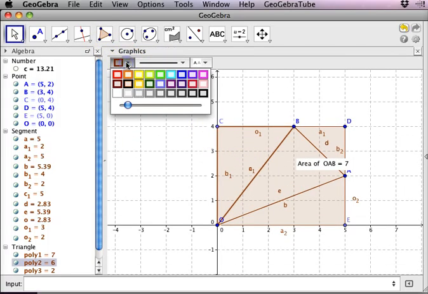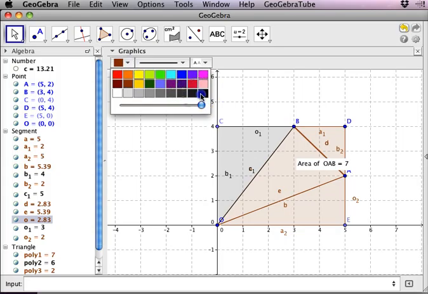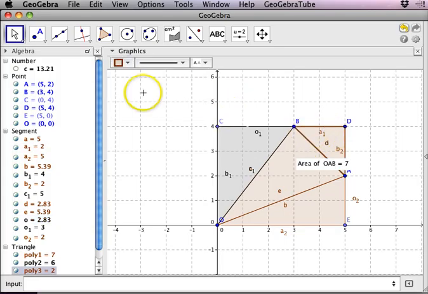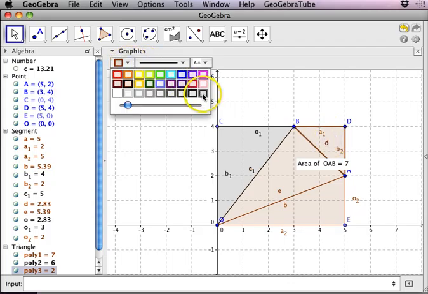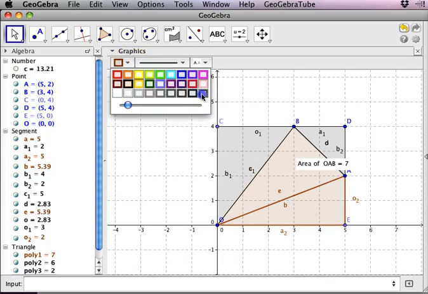So maybe we'll make these darker. Okay. And this last one over here, I'll make that darker too. So it stands out a little bit.